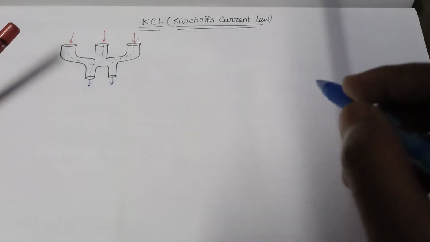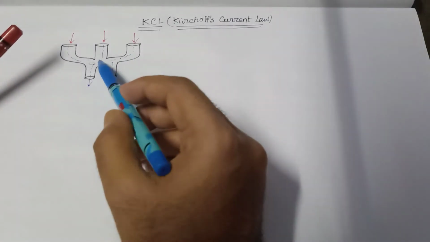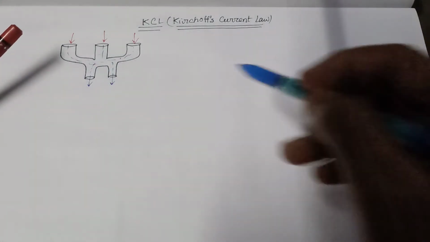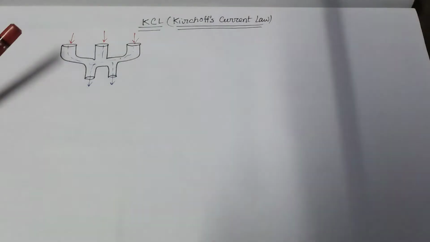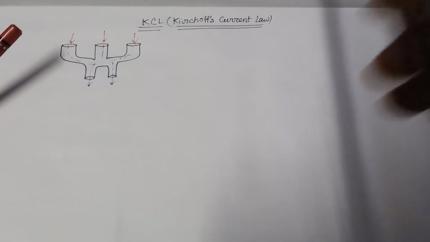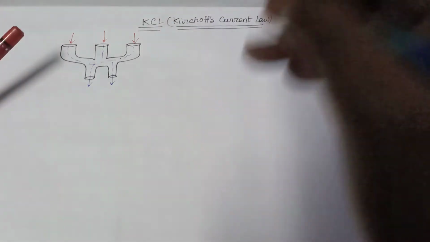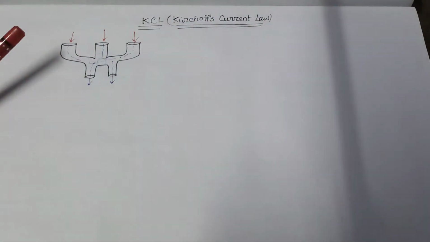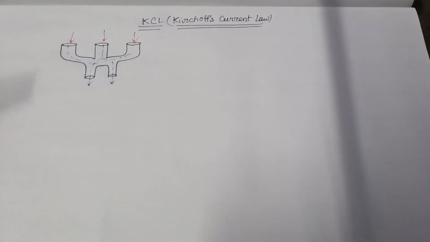Now you tell me, will any water get stuck here? No, the whole water will fall out. So what does it mean? No water will be conserved by this system or this pipe.